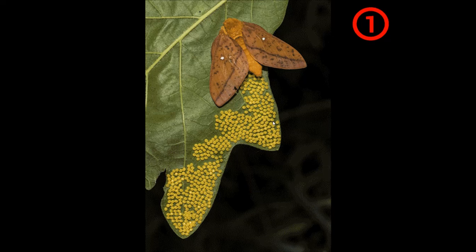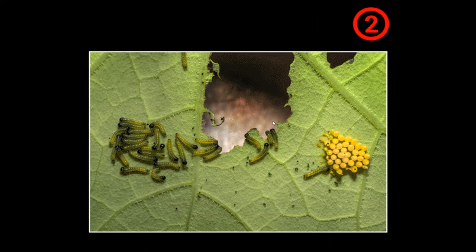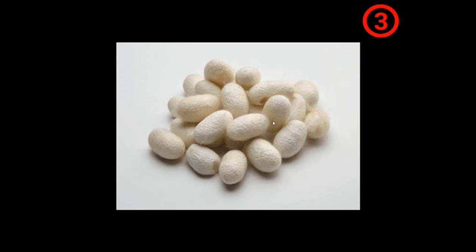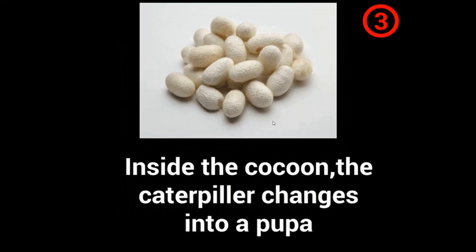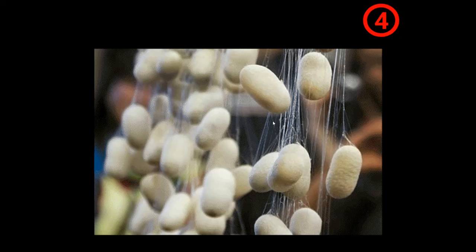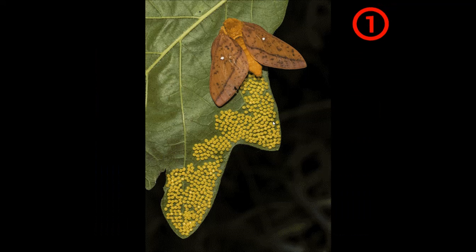Now you can see in the first image, eggs are laid and the larva comes out from the eggs and it eats the mulberry leaves. Then after eating, it will shed its skin and it becomes cocoon, and it will reside inside this cocoon, and we call it a caterpillar, and it will change to pupa. Then finally this is the cocoon, and this cocoon is collected by the farmer.